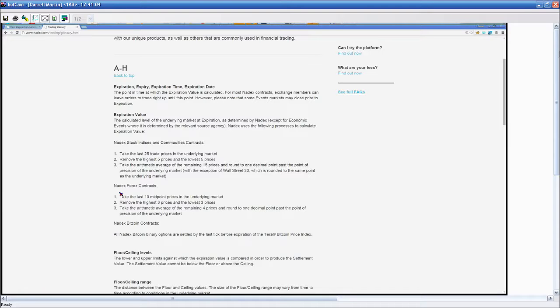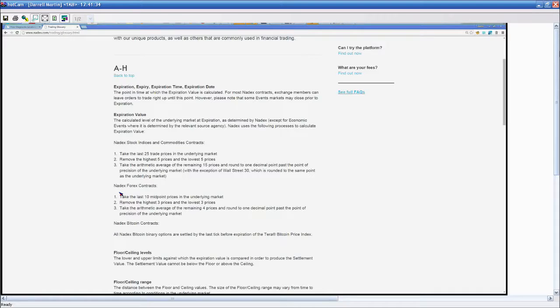Take the average of those prices. That's the mid price. They take the last 10 mid quotes, okay? And they remove the 3 highest and the 3 lowest mid quotes. Then they take the arithmetic average of the remaining 4 prices, those middle 4 prices, and they round them to 1 decimal past the point of precision.